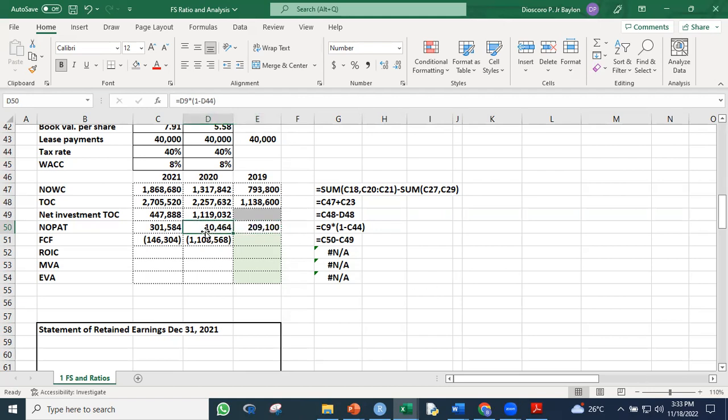So bumaba siya dito sa 2020. Let's assume that compared to the average performance ng firm, itong NOPAT na to is relatively small. No? And then, ima-minus pa natin yung net investment in TOC, which is more than 1 million. So ang free cash flow natin talaga magiging negative.